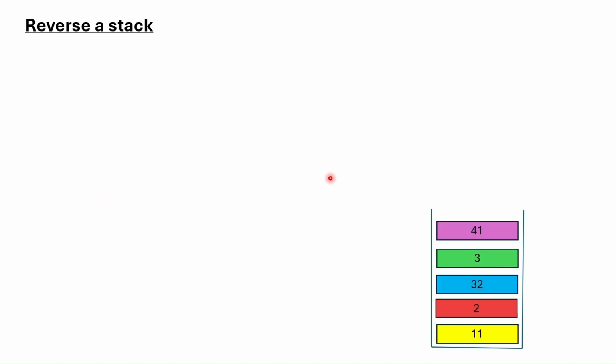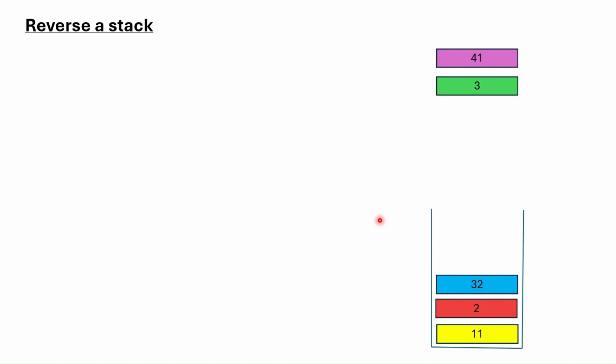So now look how the reversing is done in a stack. Firstly, we pop the top element, that is 41, and store it in a temporary variable. Then we pop 3, then we pop 32, then we pop 2.